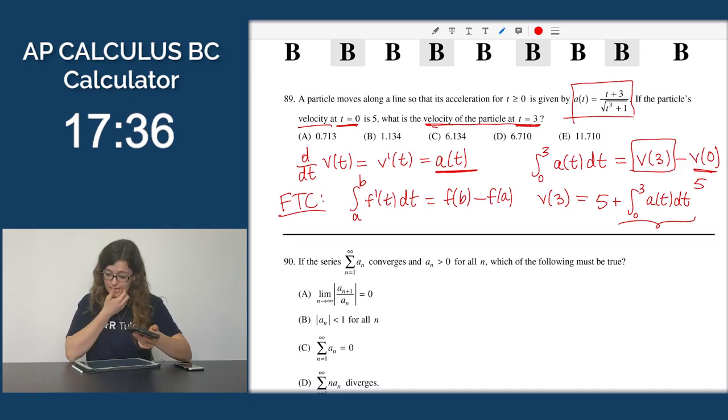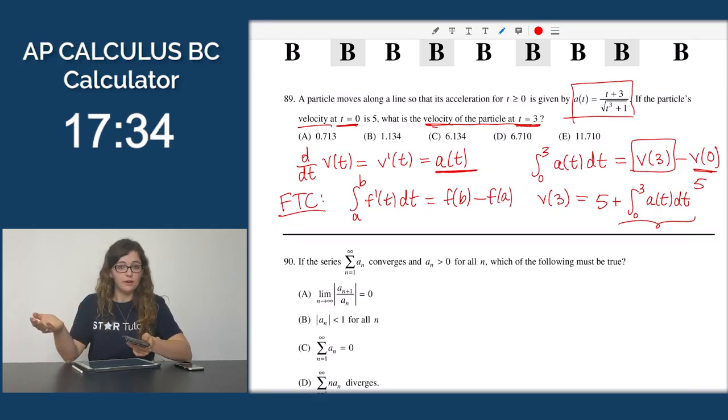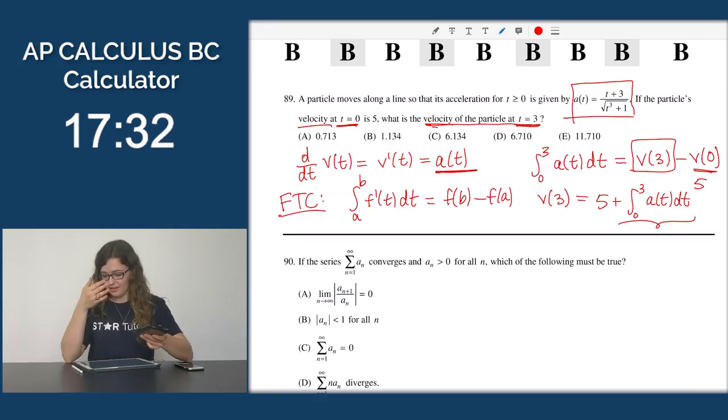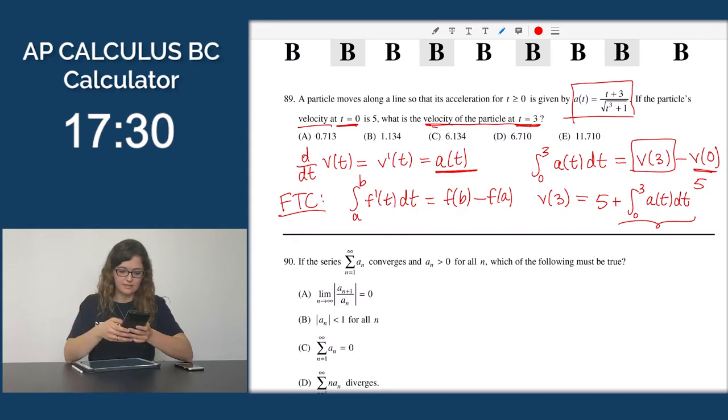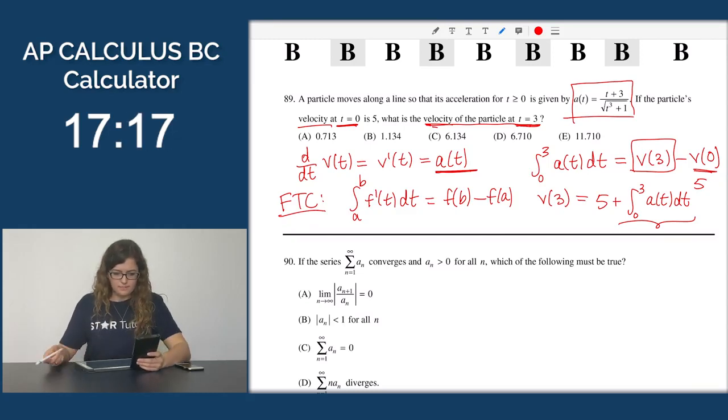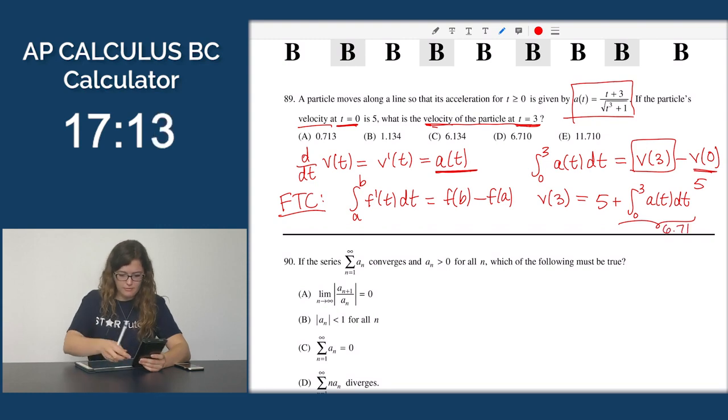Here it's called t, but on your calculator it's probably called x. We can exchange our t's for x's as long as we're consistent, and it will be fine. Again, always be careful when you plug this stuff in. Okay, my calculator tells me that that integral is 6.71 roughly. So I've got 5 plus 6.71, so 11.71, which is E.